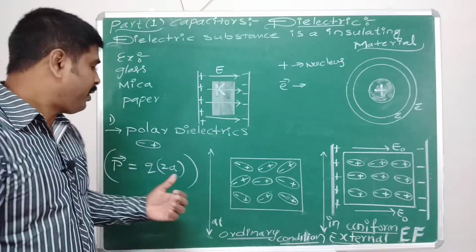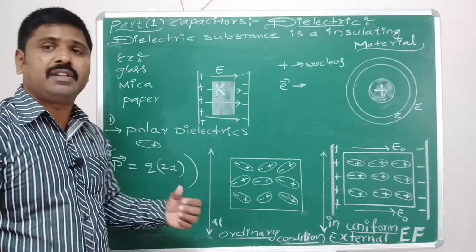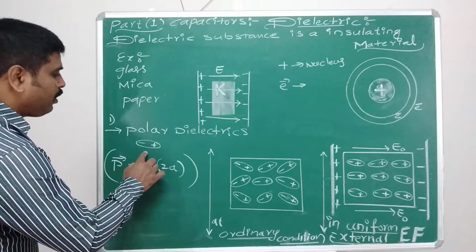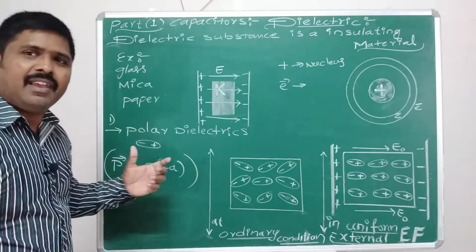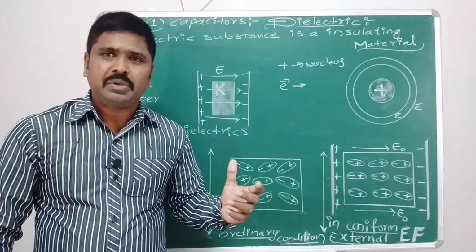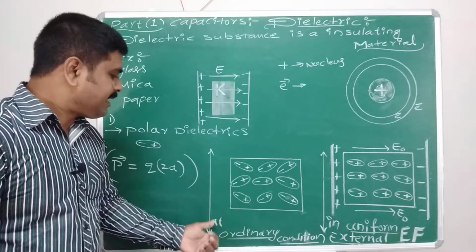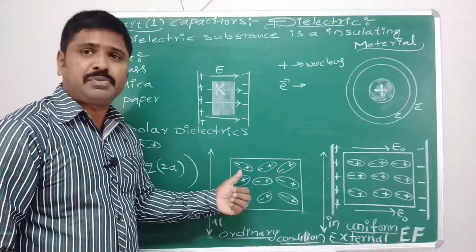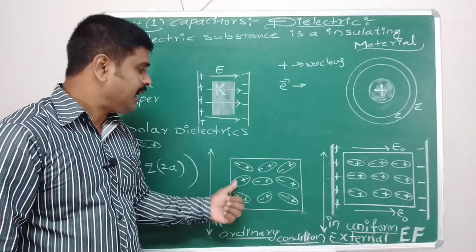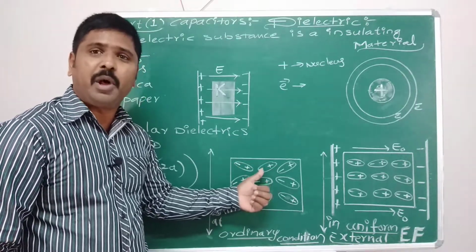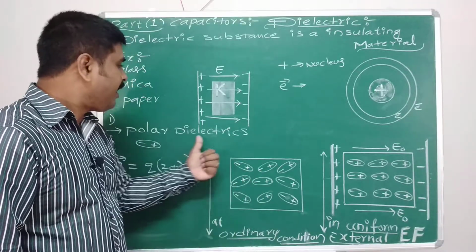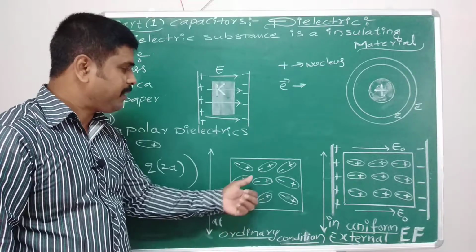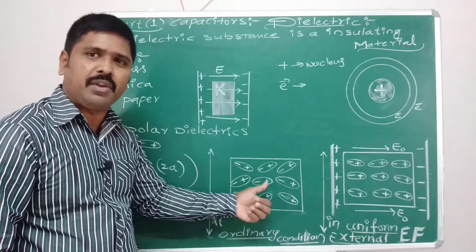This has a permanent dipole moment because initially the charges do not coincide. This is the ordinary condition of a polar dielectric substance, whose molecules have a permanent dipole moment.